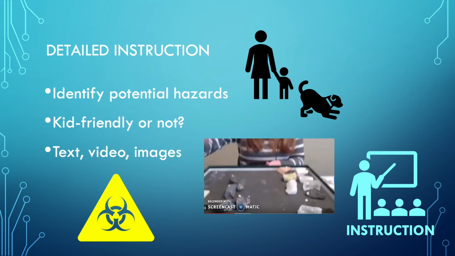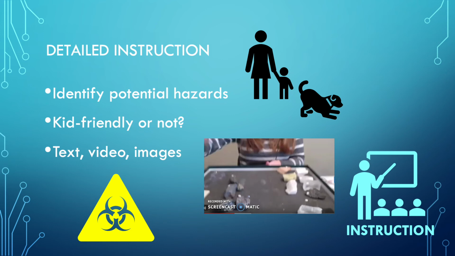We also need to provide very detailed instruction related to potential hazards. So if you have mineral samples that you don't want them to do taste tests on, make sure you let them know that. Many students taking our online classes have family members around when they're completing their assignments. They also have pets. So you might want to point out whether or not an activity is kid-friendly, family-friendly, or pet-friendly.